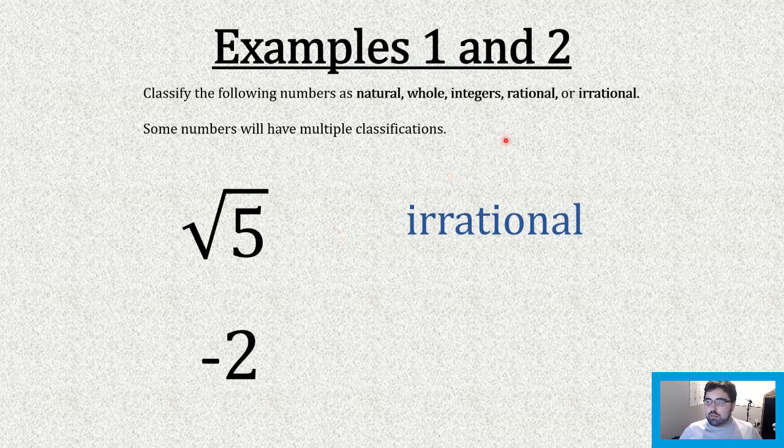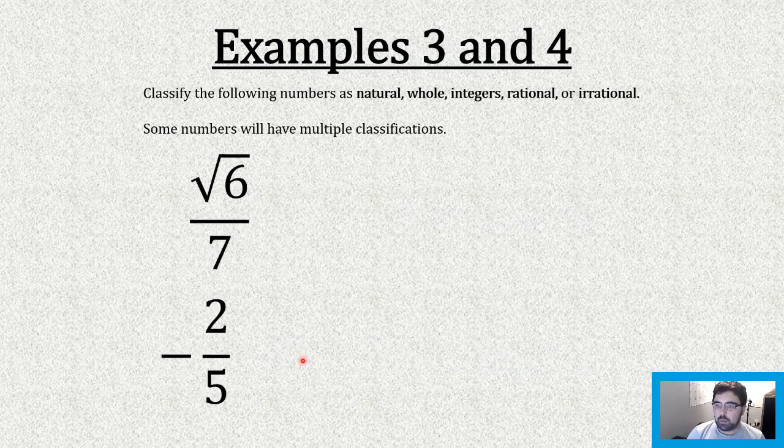Well, let's see. It could also be rational. If -2 is an integer, if I write -2/1, that's a fraction. Still the same number, but I just made it a ratio of 2 integers. If what I just did confuses you, I technically already showed you this back on the definition slides. Integer, rational.